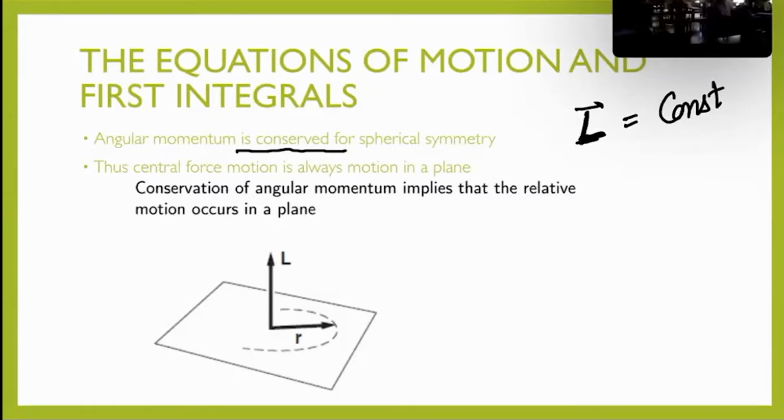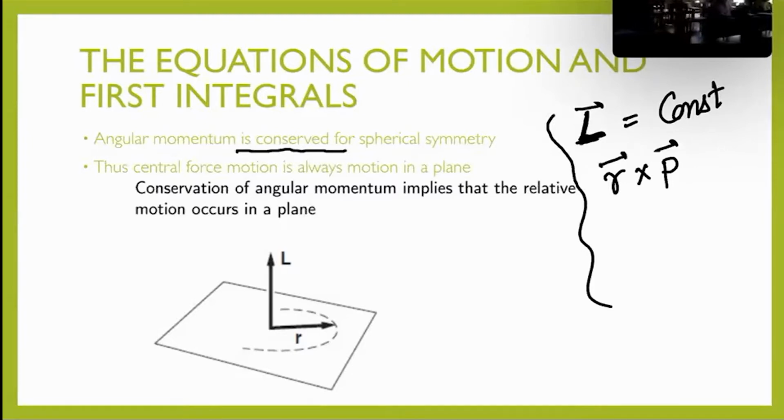How do you represent angular momentum? Angular momentum is r cross p. You can derive this also. This is a very simple derivation of how angular momentum is conserved in the case of a central force.